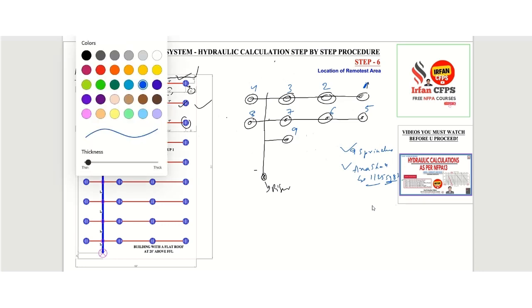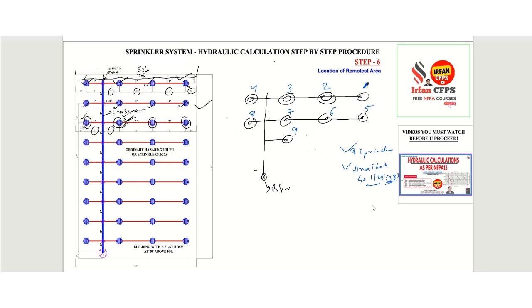I will take one more color just to put the dimensions. I'm just drawing here so that you might find it easy from here. See, I am not writing the pipe sizes right now. I will just write the distance. This will be 9 feet, this is 9 feet, and so on, since our consideration will be only these 9 sprinklers.